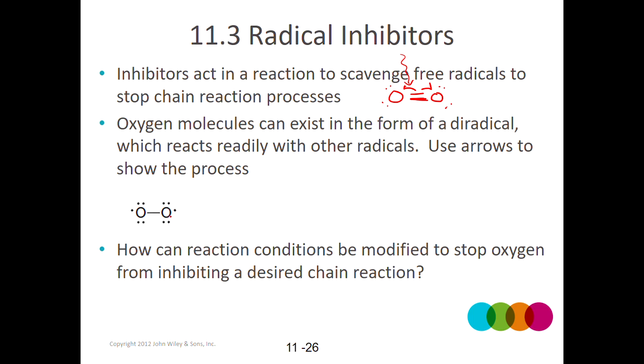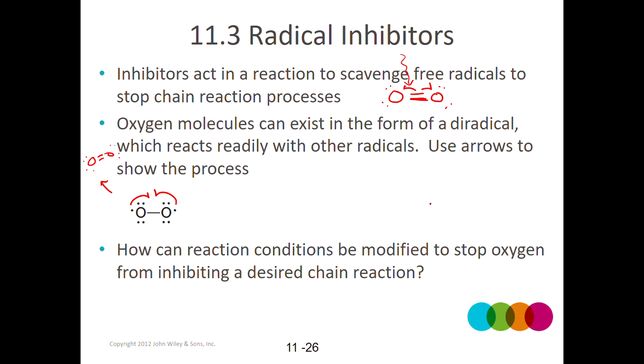Once this occurs, it's very reactive. It's likely that the electrons will move back in to reproduce the O2 molecule, which is then stable again, but they might not necessarily rejoin. Instead, this radical might undergo one of the patterns we talked about. It might abstract a hydrogen from somewhere or start reacting with pi bonds. So oxygen is often a culprit that causes undesired side reactions.